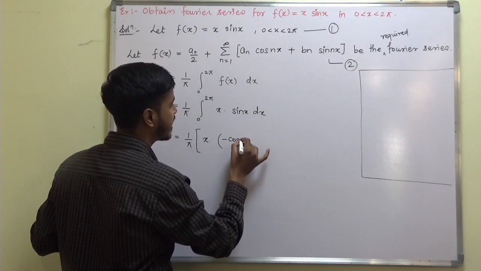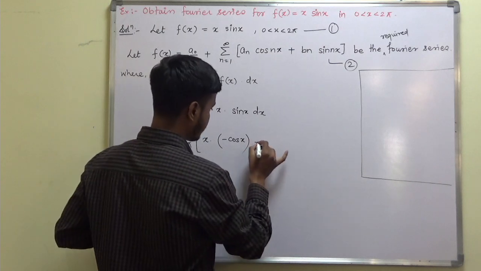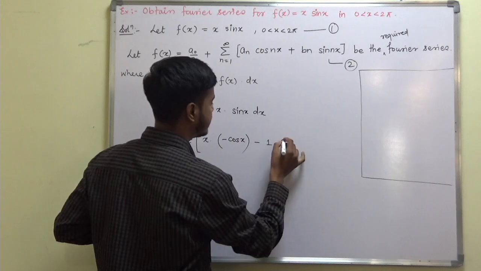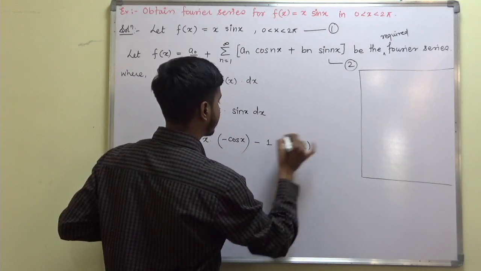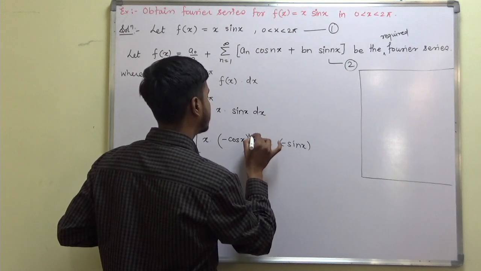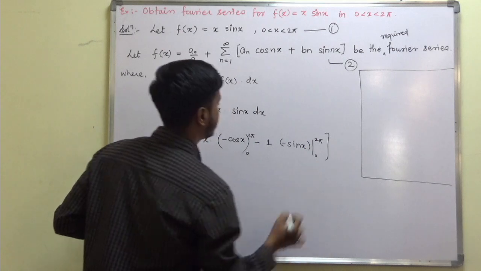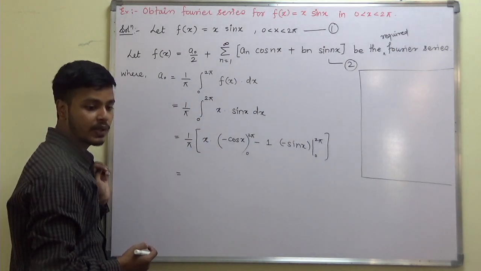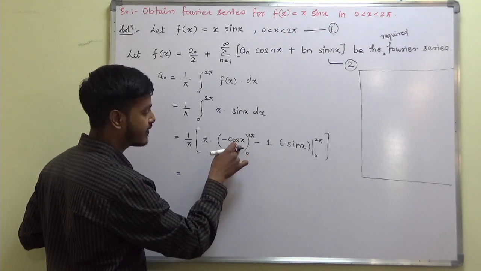Integration of sin is minus cos, minus the derivative of first times the integration of this, with limits 0 to 2 pi, and this completes. Now you can substitute upper limit minus lower limit. In place of x you put 2 pi first and then 0.